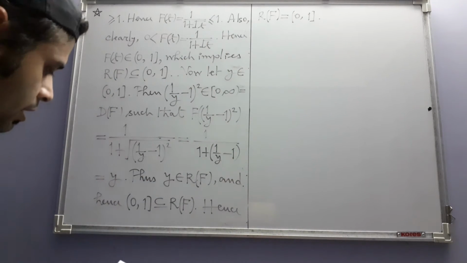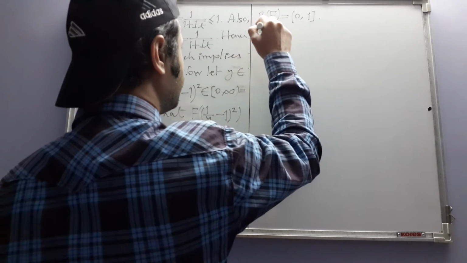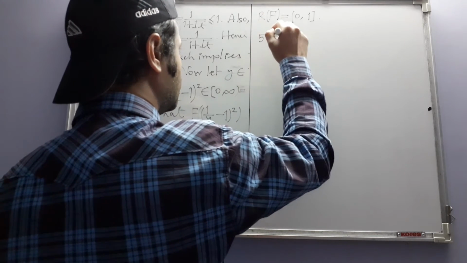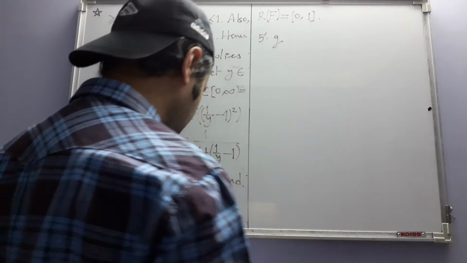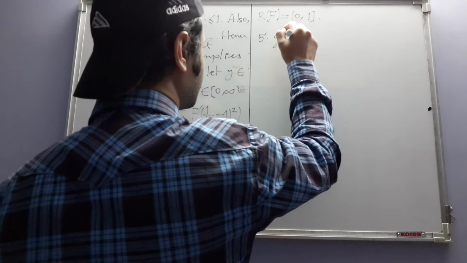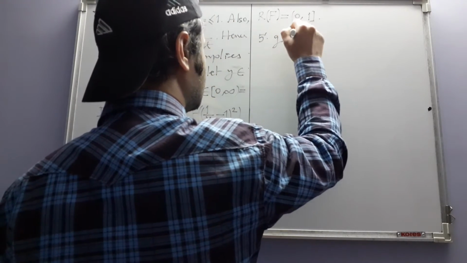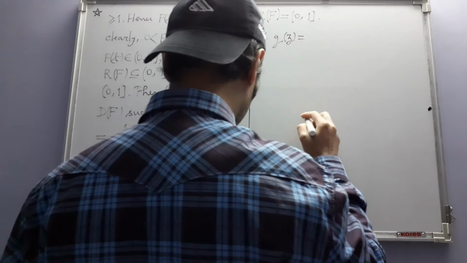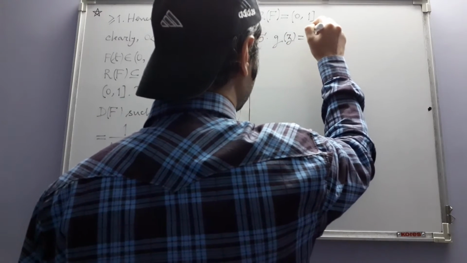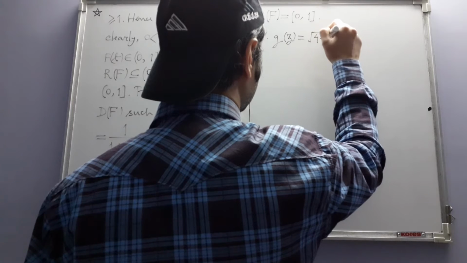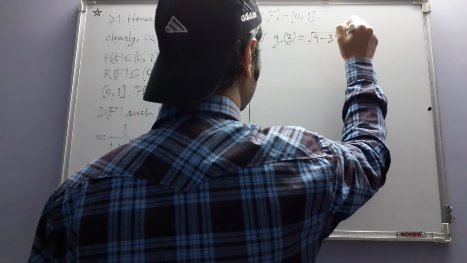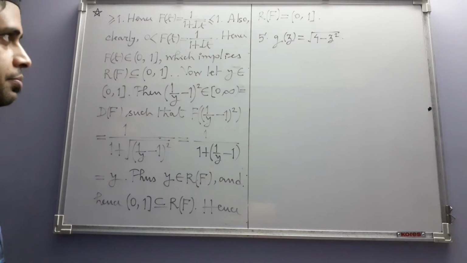Two more are there of this type. Number 5, this time the function name is g. g of z equals square root of 4 minus z square.